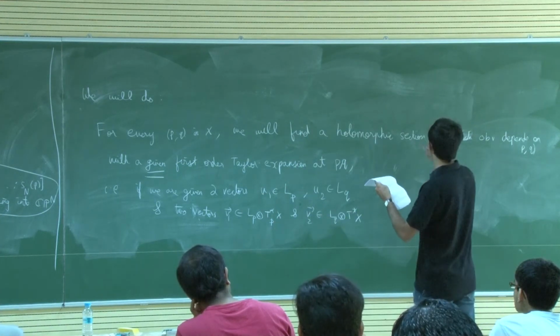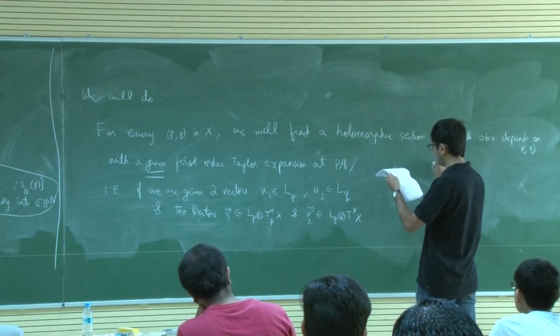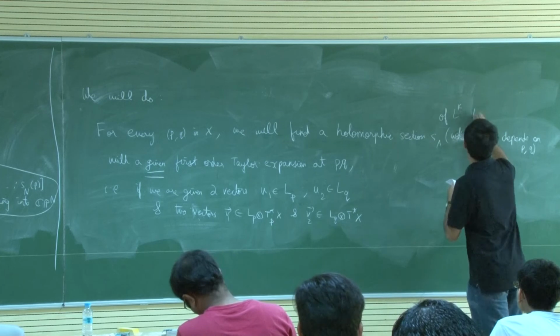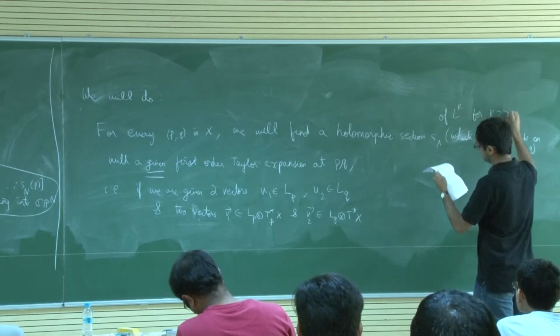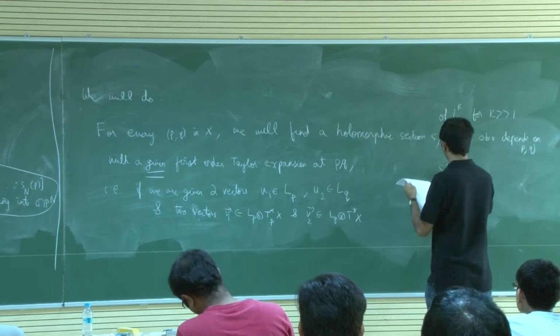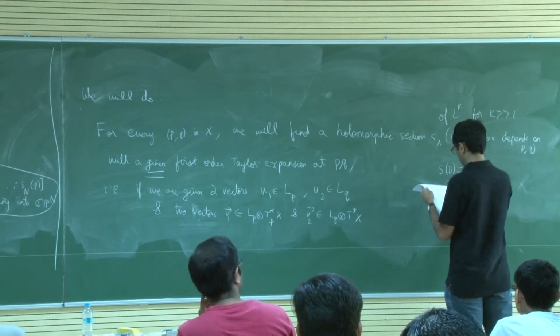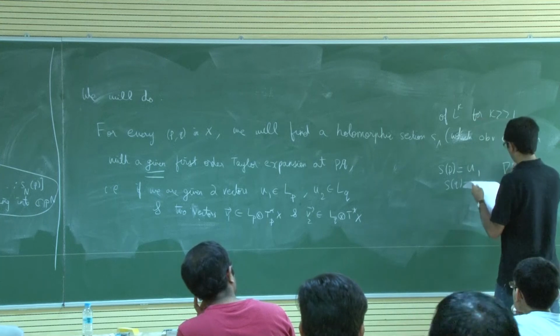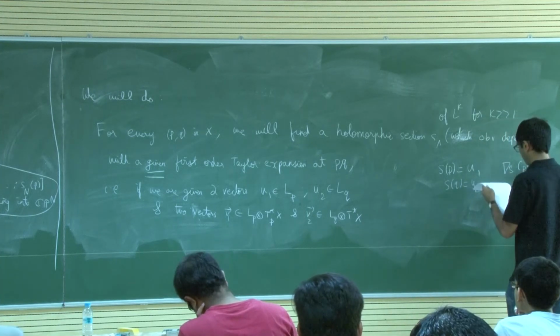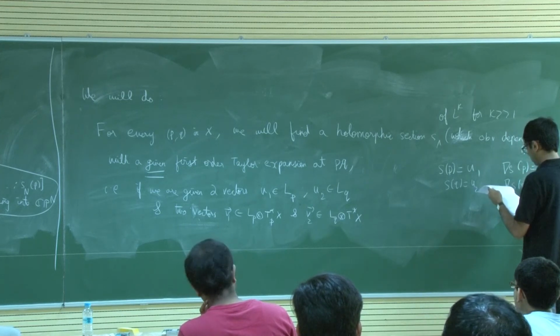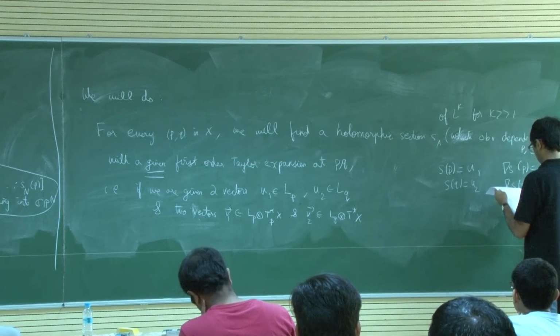We will find a global section S of L raised to K, for K sufficiently large, so that S of P is u1, S of Q is u2, the derivative of S at P is v1, the derivative at Q is v2.